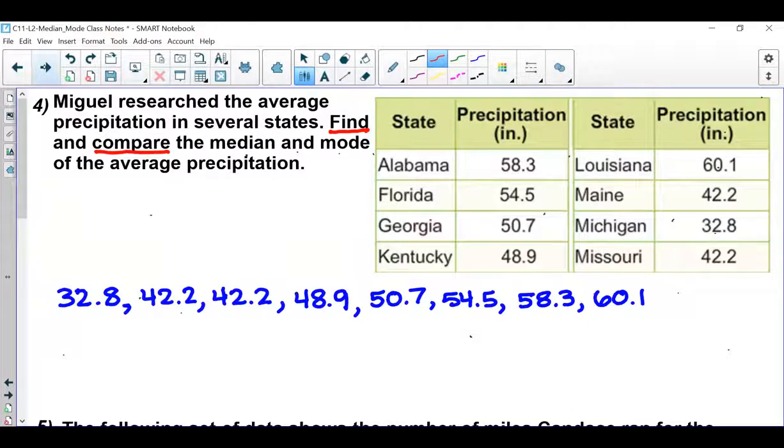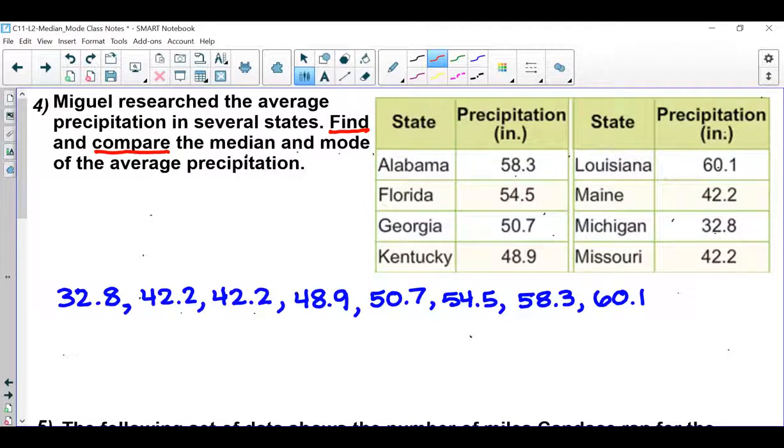Okay, so we're back here with the precipitation. It's asking us to find and compare the median and the mode of the average precipitation. All right, we can do that. So let's work on the median first. We're going to work with our least and our highest value, 32.8 and 60.1, and we're going to hop in. 42.2 and 58.3.